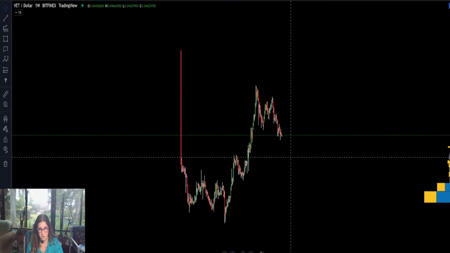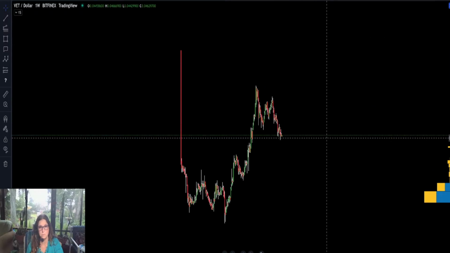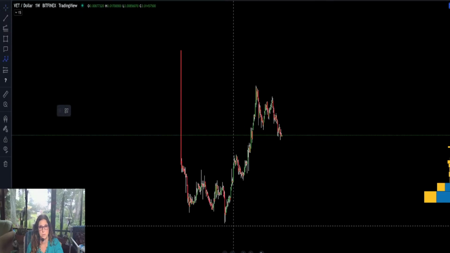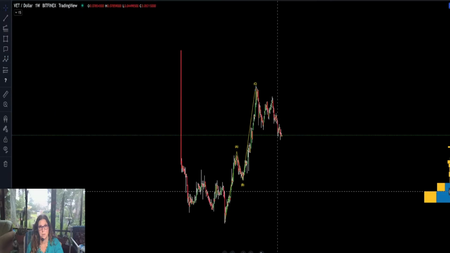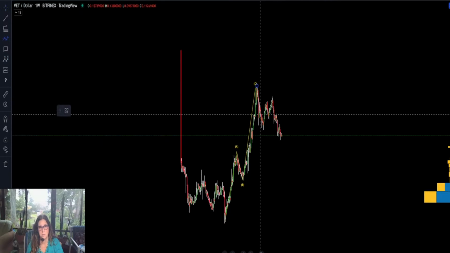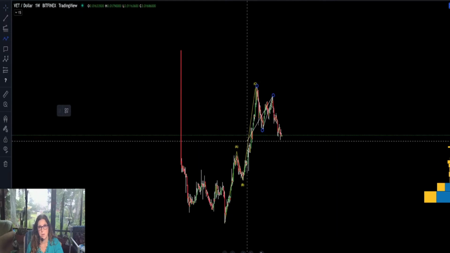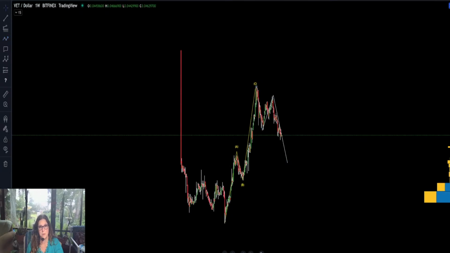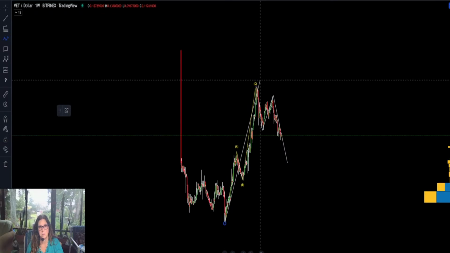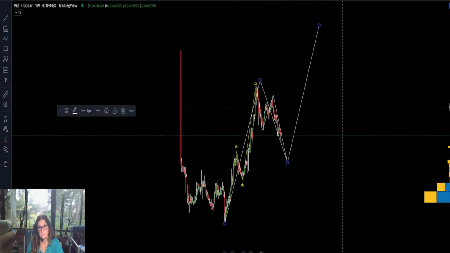Now, if Bitcoin decides that it's going to give us that fifth to the upside, what this coin can do is attach this leg. So whenever this leg finishes here, whether it comes deeper because Bitcoin does, then it will attach this leg as a connector to the upside.